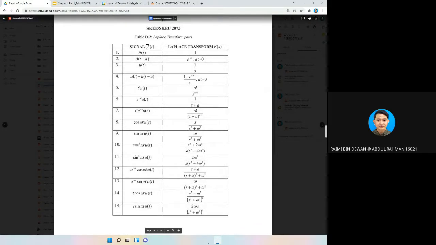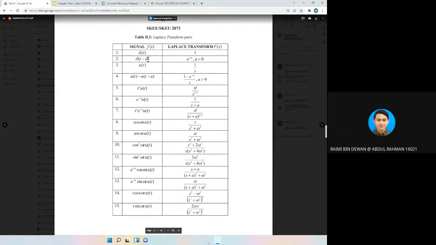If you see the signal f(t), for example, it is an impulse. But when we do the Laplace transform, we will obtain a value of 1. For example 2, we are given an impulse with a time shift, then we will have a 1 times the shifting given by e to the negative as.